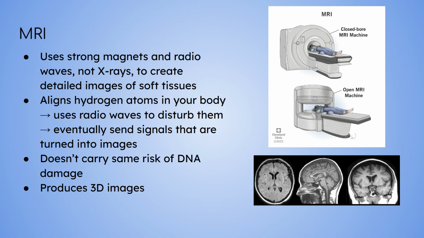However, since this uses magnets, if the patient has anything magnetic or metal in them, then they may not be able to use this because it would be dangerous for them. And this also produces 3D images.